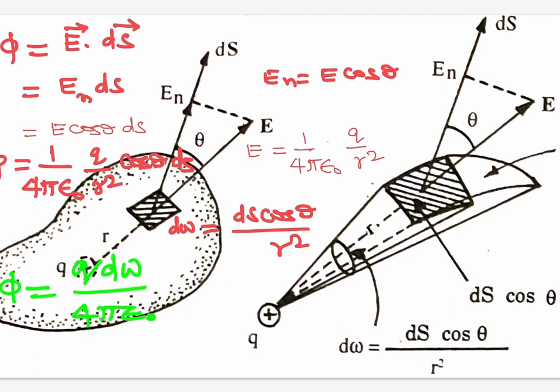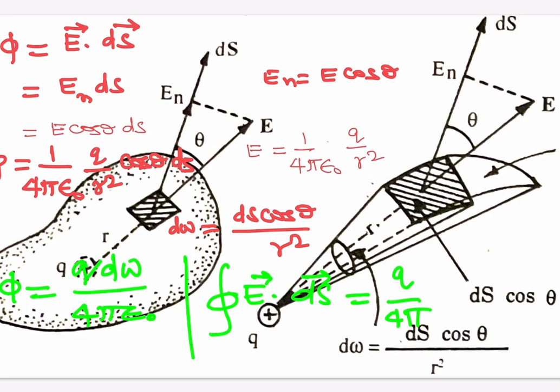Now, if the surface is continuous, we can integrate this equation over the entire closed surface. So we will get for the entire surface E dot ds is equal to q by 4 pi epsilon naught integral over surfaces d omega.